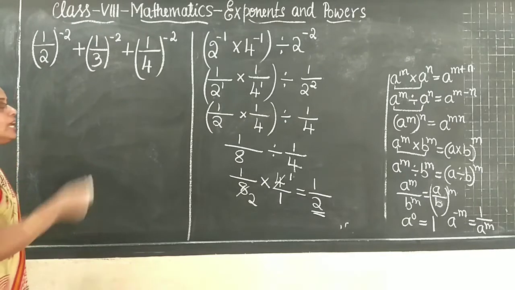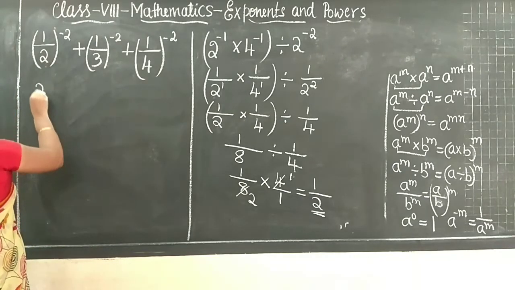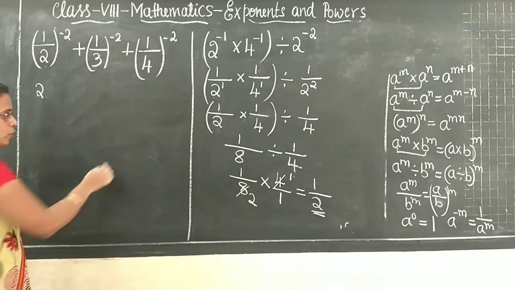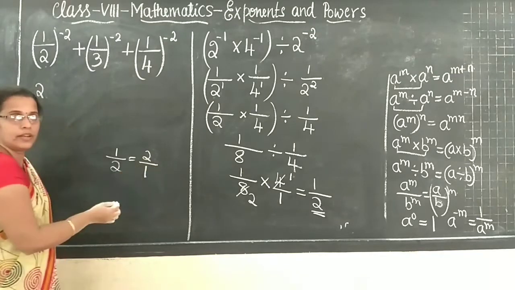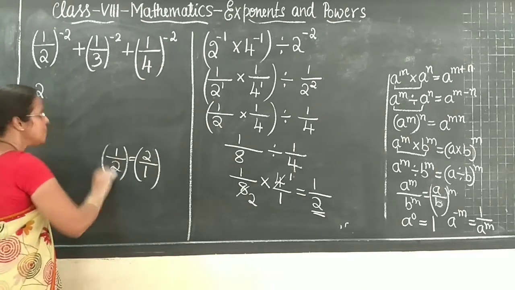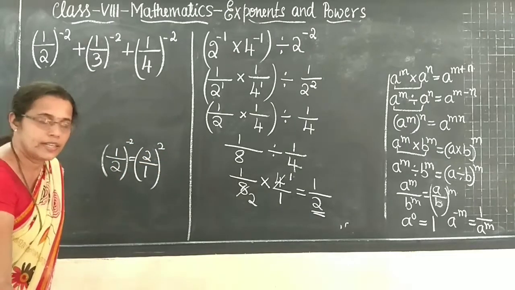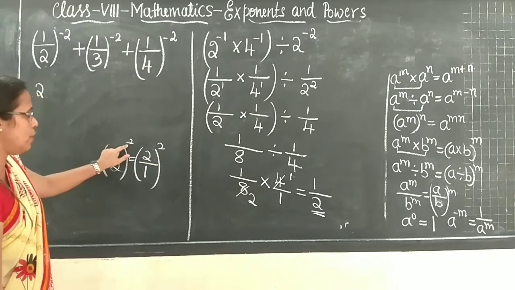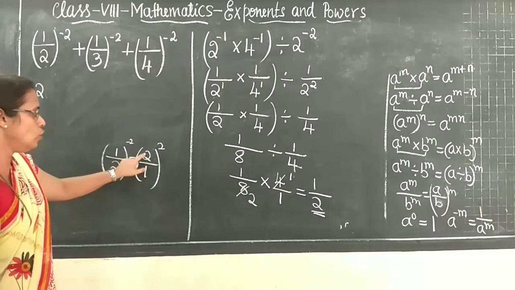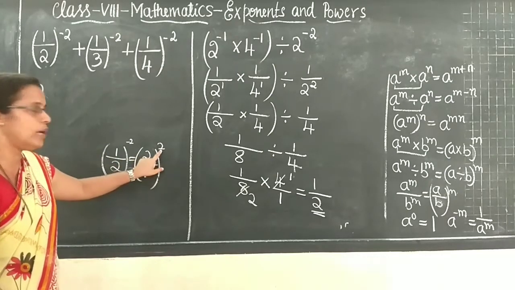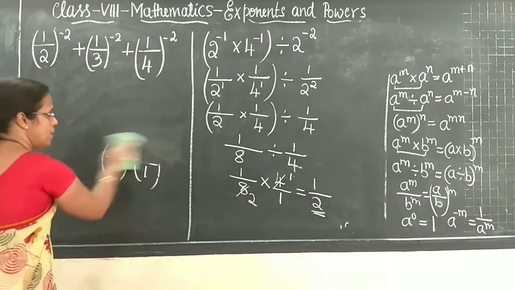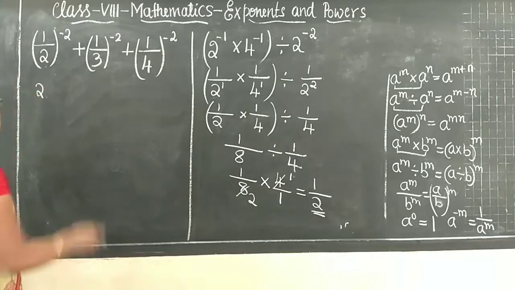What happens here? 1 by 2 will become 2 by 1. That time the power which is negative becomes positive. Got it? So 1 by 2 whole to the power minus 2 is equal to 2 by 1 whole to the power 2. Powers will become positive.